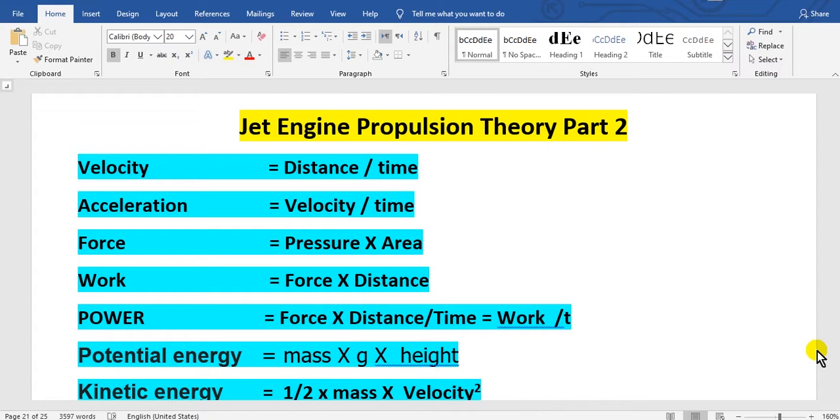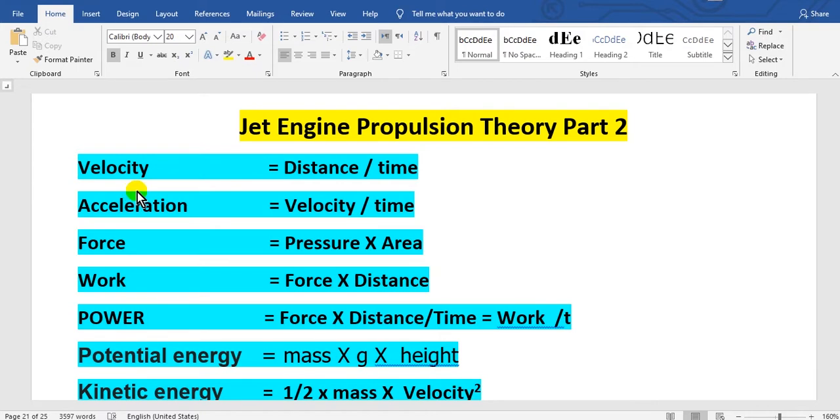After that we go to static and total pressure, ram pressure, then go to the pressure versus velocity through the engine. The last thing is the Brayton cycles. This is the subject which we go to there.